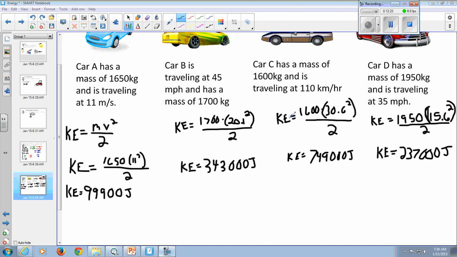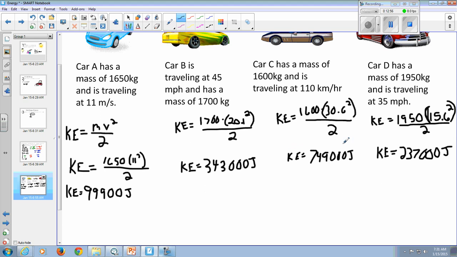And the reason for that, and hopefully you converted your velocities from miles per hour and kilometers per hour to meters per second. If you didn't, you should do that in order to get a unit of a joule. But anyway, backing up, car C has the smallest mass, but it's traveling at the highest velocity. So that's what gives it the highest kinetic energy.